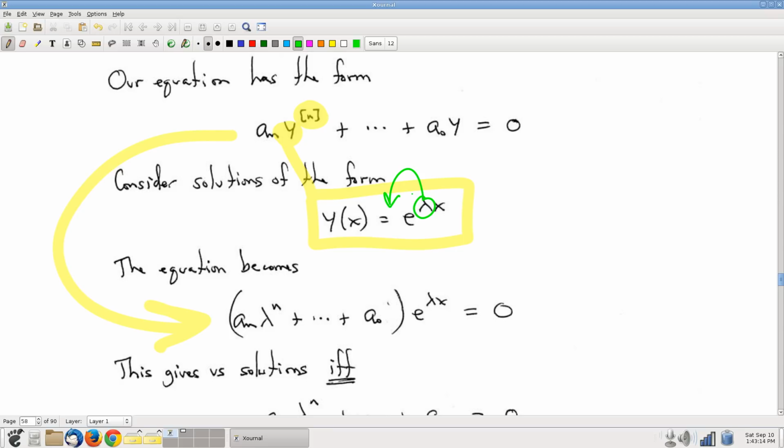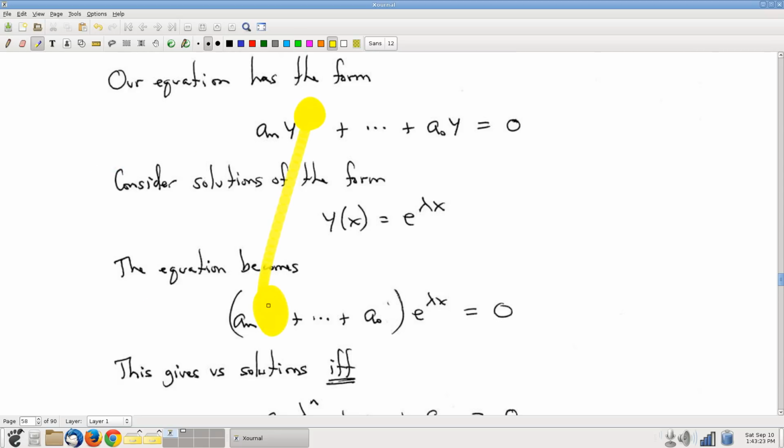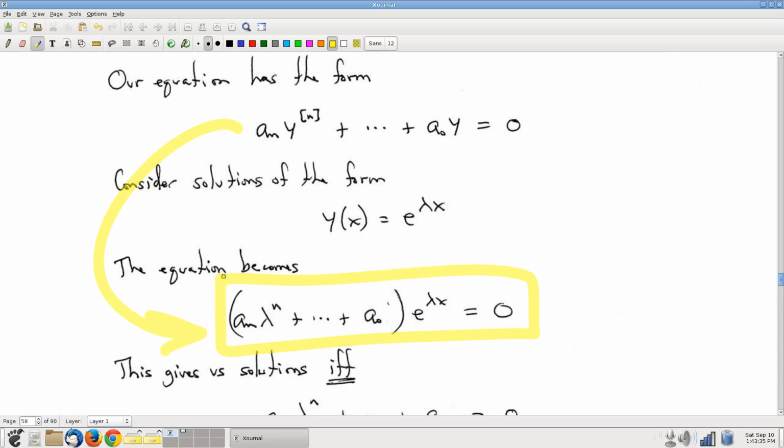And so the nth derivative turned into n factors of lambda, and the (n minus 1)th derivative turned into n minus 1 factors of lambda, etc. And with a little bit of algebra, not hard to persuade yourself, the differential equation turns into this. Okay, now students should make sure that you can fill in the blanks on that algebra.